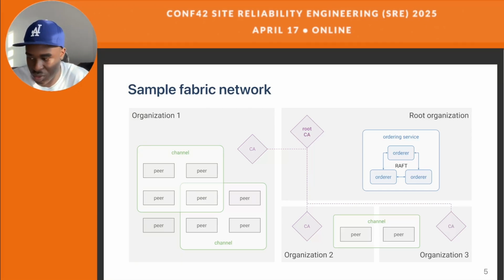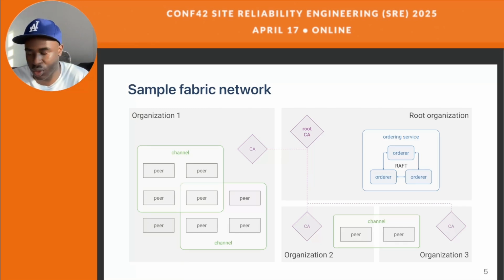multi-organization Fabric network. In this network, there are about 4 organizations. The root organization is where the ordering service would run. An established pattern is to have a separate one, but this network has about 3 organizations: Organization 1, 2, and 3. Each of these organizations has at least one peer running in them.